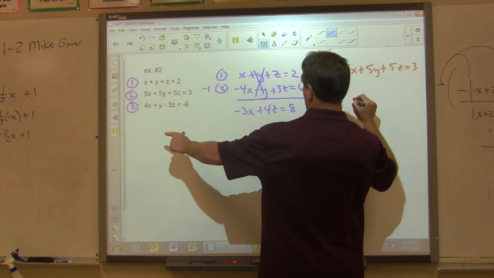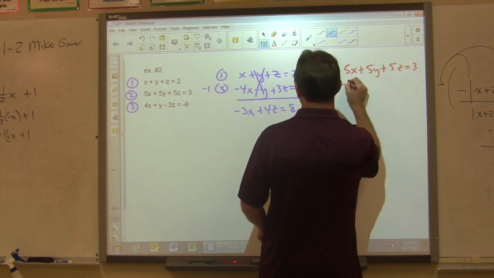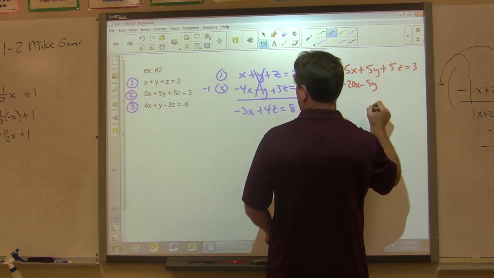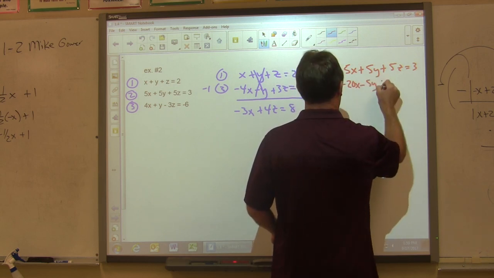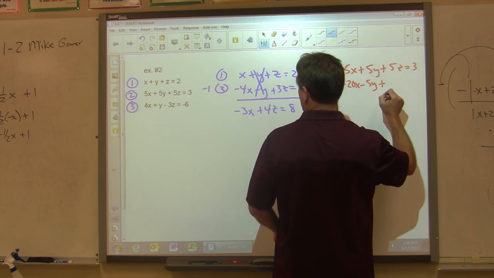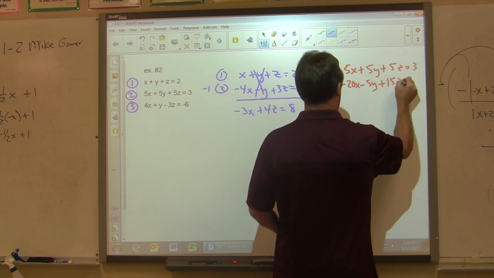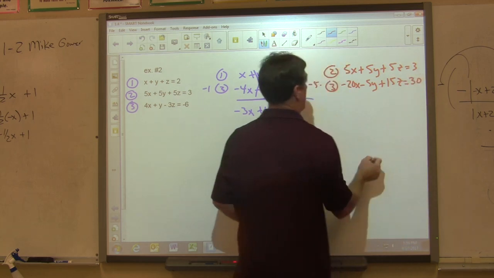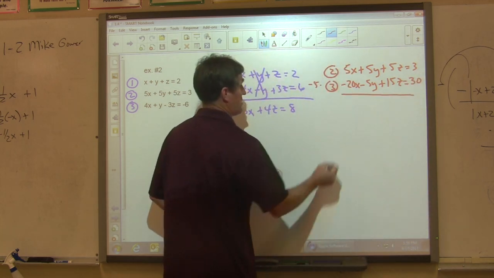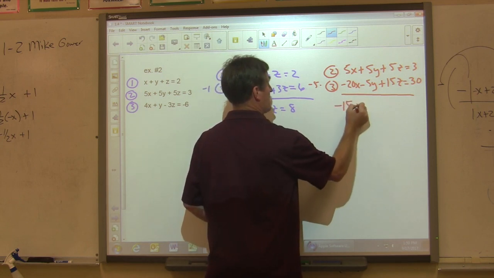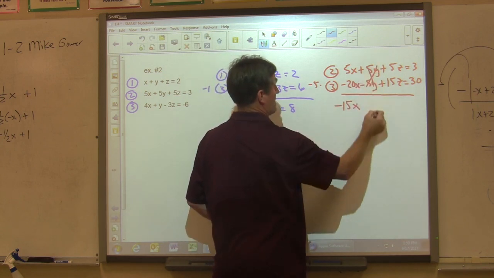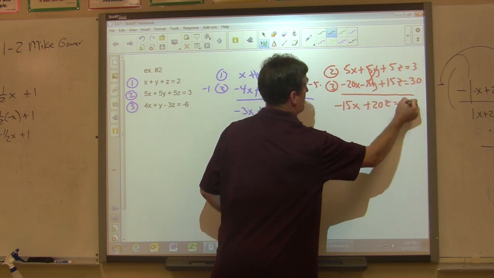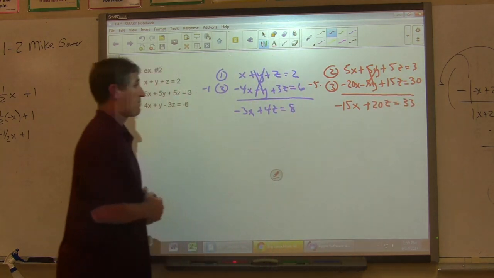And I'm going to multiply 3 by a negative 5, so negative 20x minus 5y plus 15z equals negative 5 times 6, which is negative 30. And we're going to add those together, and so we get negative 15x, the y's cancel, plus 20z equals negative 27.